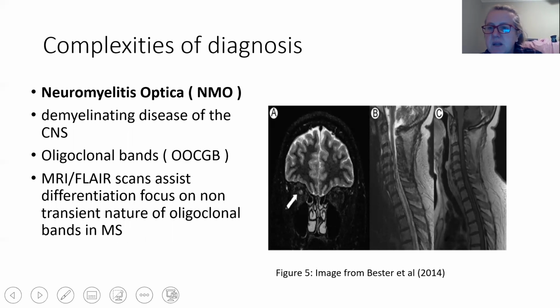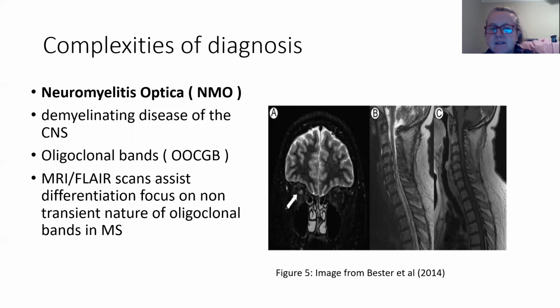Another condition with similar presentation as MS is neuromyelitis optica, otherwise known as NMO. It again is a demyelinating disease of the central nervous system, and the determining factor here is the oligoclonal bands.